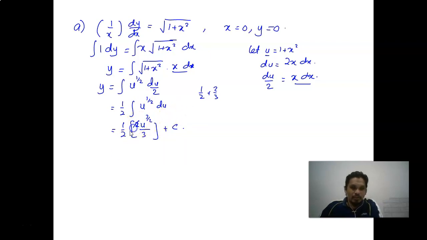And 2 divided by 2, so we come out with 1 over 3, and change the u in terms of 1 plus x squared to the power of 3 over 2.